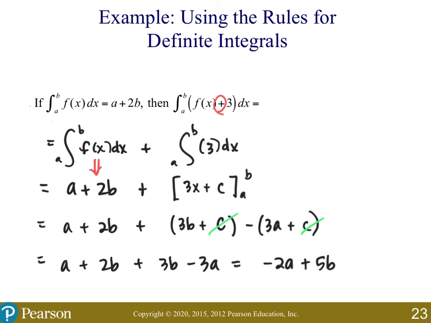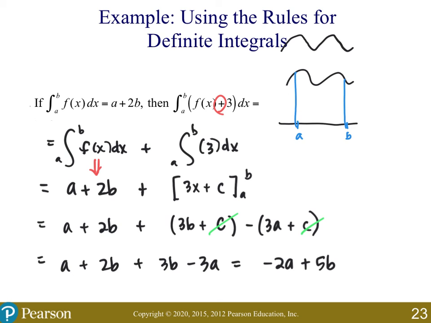You could also think of this geometrically. You could say, all right, some function, hang on. Okay. Some function, I don't know what it looks like, but some function from a to b already has the value of a plus 2b. If I add 3 to this, I would be moving this function up 3 units instead of where it was.